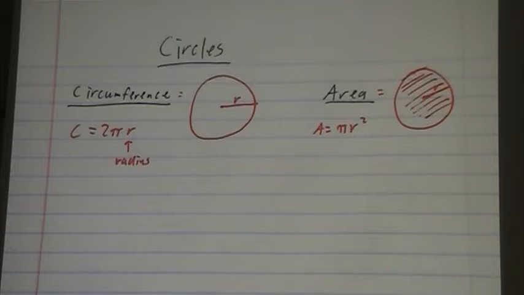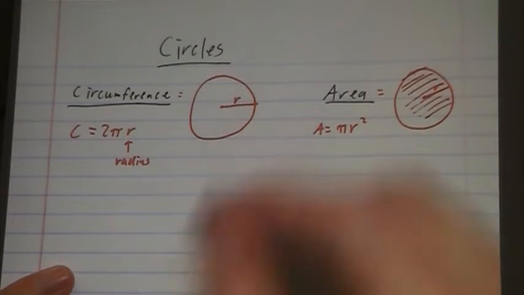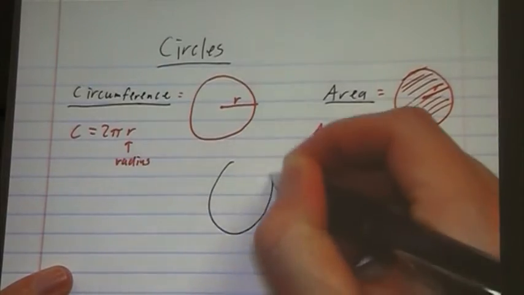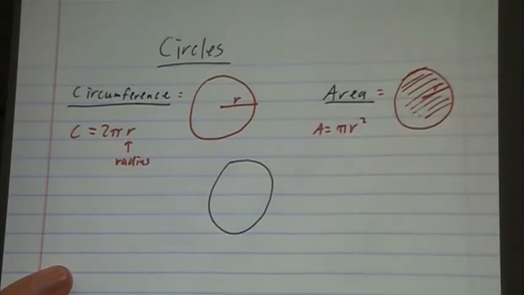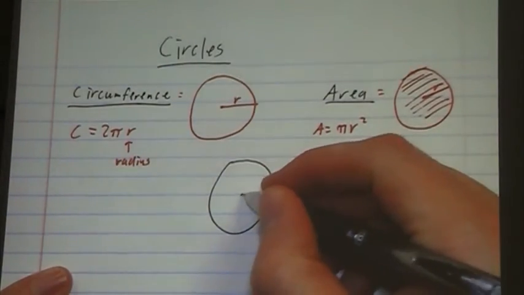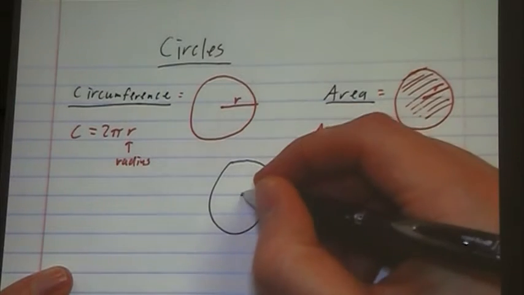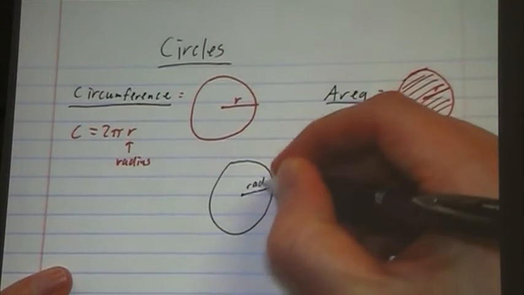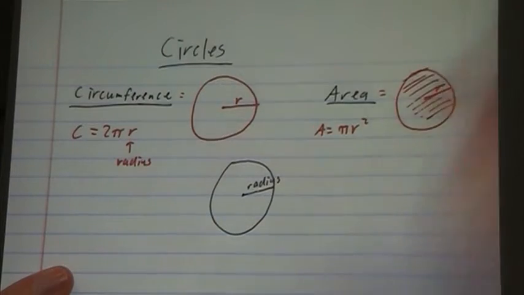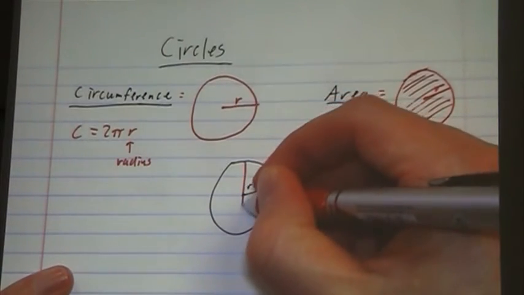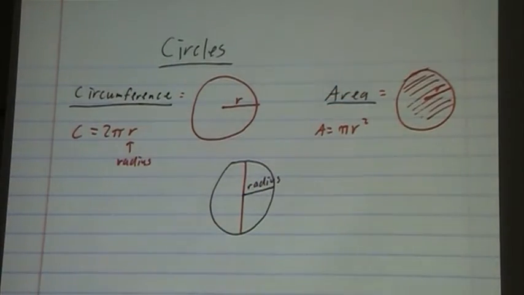Now, one term that you do have to understand: if we have a circle, we know a radius goes from the center to the edge. But what about a line that's straight across the circle, or a line that is two radiuses, or radii?